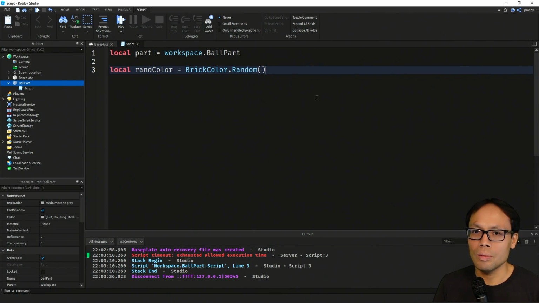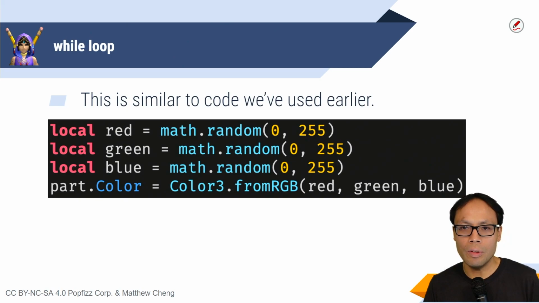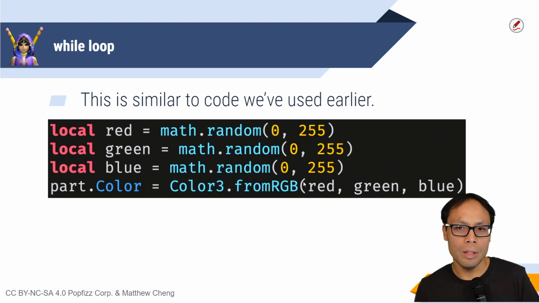This is similar, if you recall from a few lessons ago, to our RGB code. It's similar, not exact. I would say RGB has more possibilities than the colors already defined by Roblox.